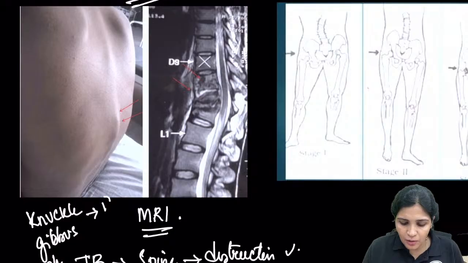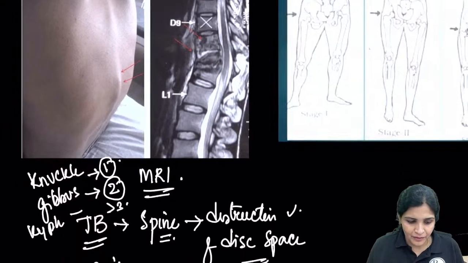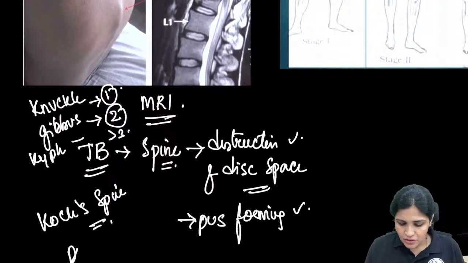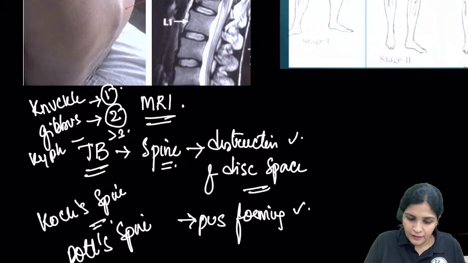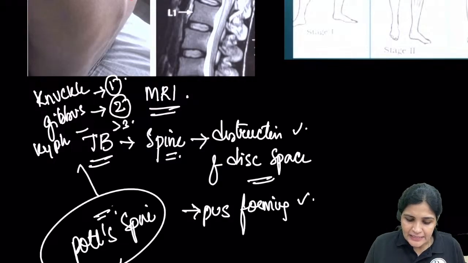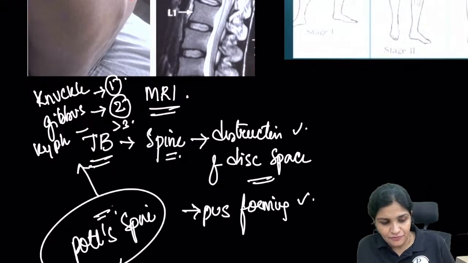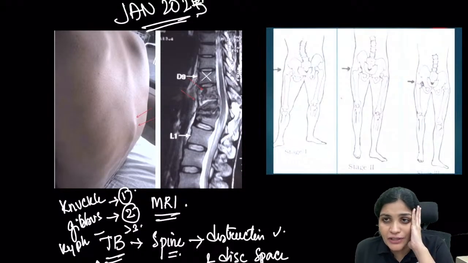Whenever there is involvement of one vertebra, it is knuckle. Gibbus is 2 vertebrae. Kyphosis is more than 3. So this is called the Pott's spine, and this is knuckle, gibbus, and your kyphosis. First you see there is a complete destruction of the disc space, and there will be a lot of pus formed in case of your TB spine.